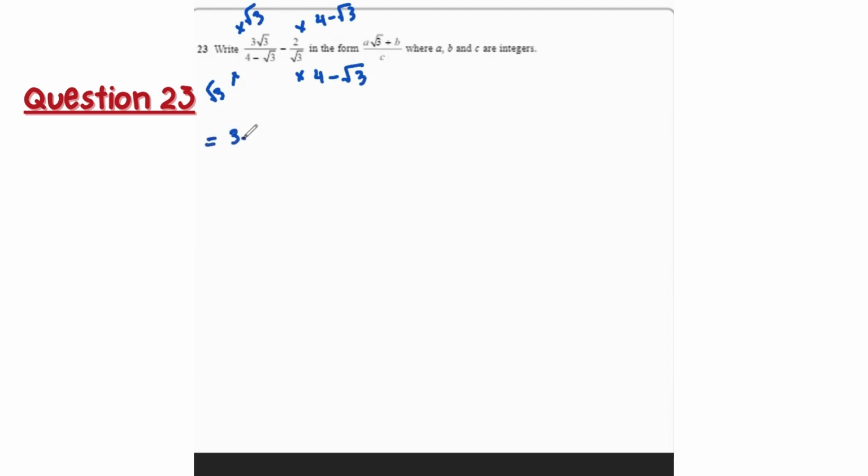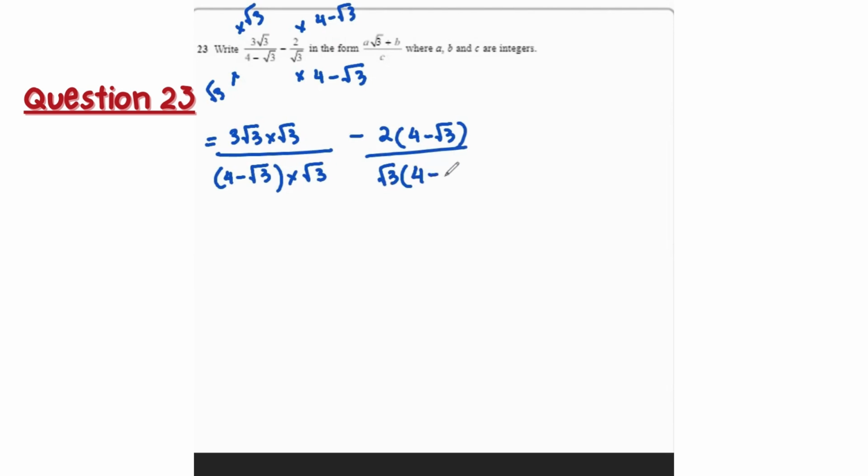So that's going to be 3 root 3 times root 3 over 4 minus root 3 times root 3, minus 2 times 4 minus root 3 over root 3 times 4 minus root 3. This is what we have.